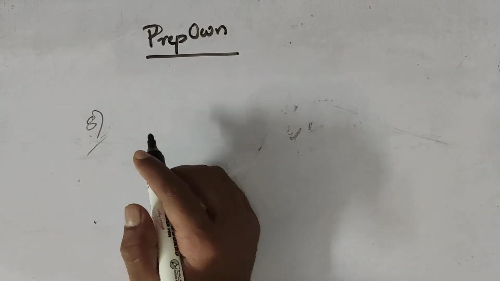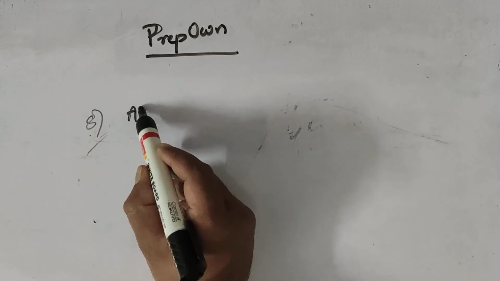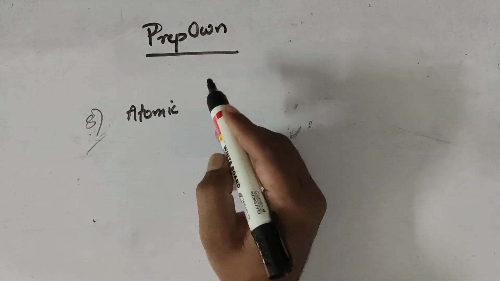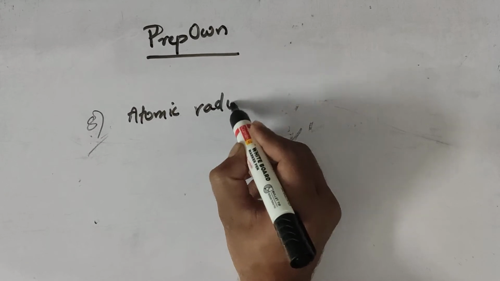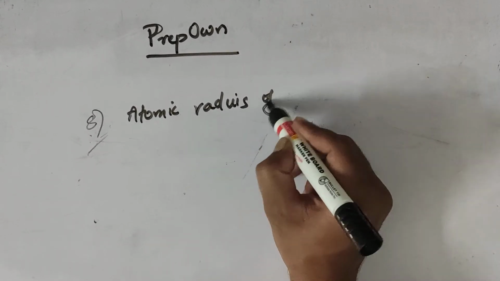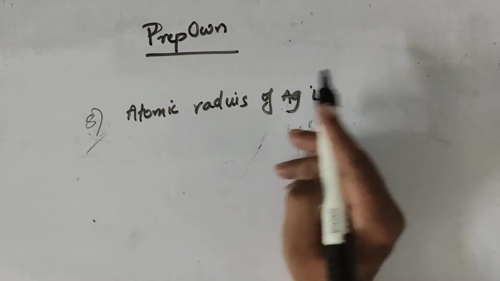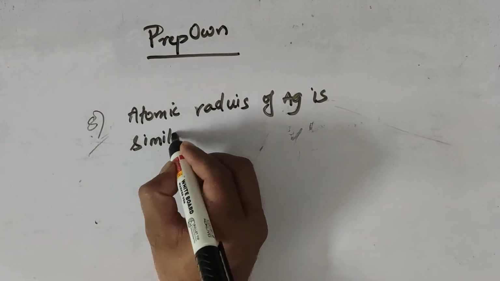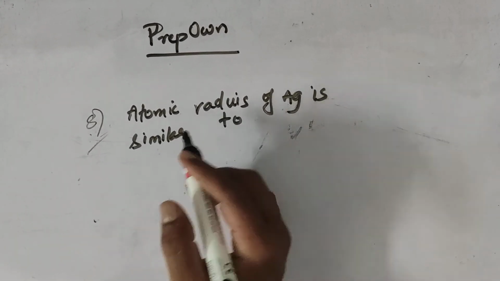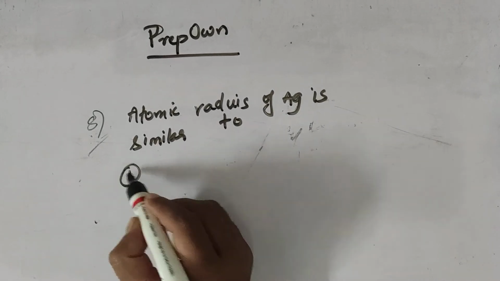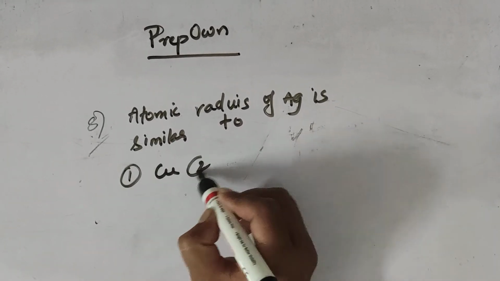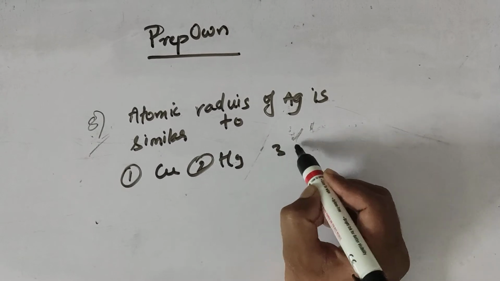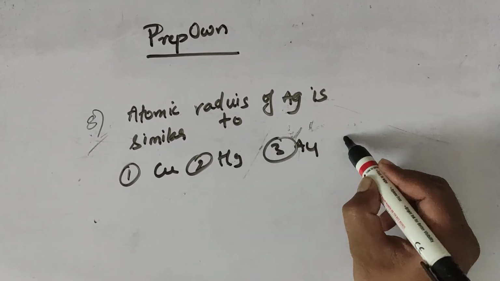The next question is: the atomic radius of Ag is similar to option 1 copper, option 2 mercury, option 3 Au, option 4 nickel.